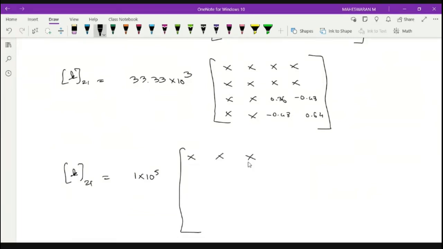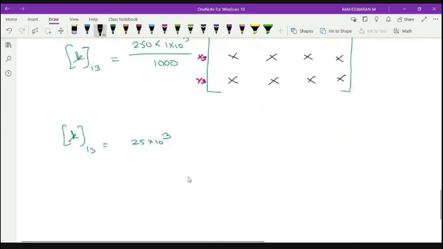So 0.36 into 0.33, 0.1188. So 0.48 into 0.33, minus 0.1584, minus 0.1584, and 0.64 into 0.33, 0.2112. So I think this is the best way.